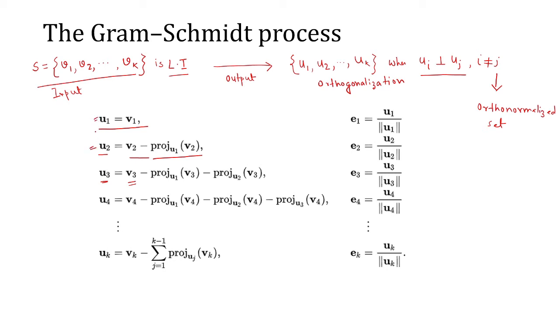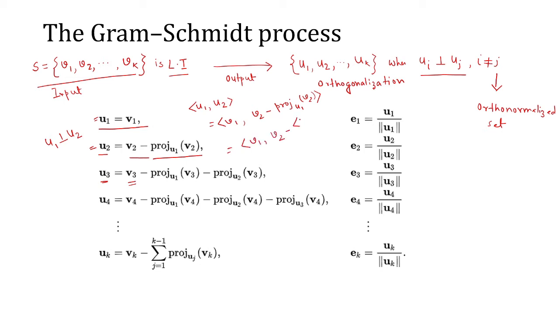You can see after this step you can show that u1 is perpendicular to u2. Just compute the inner product of u1 and v2 minus proj u1 of v2. You can easily see this is going to be 0.